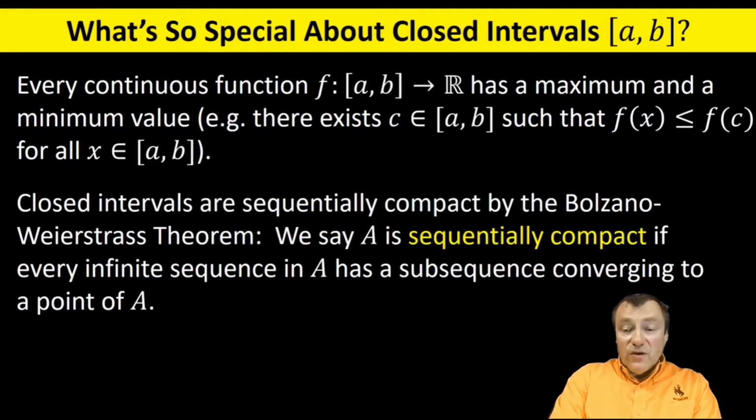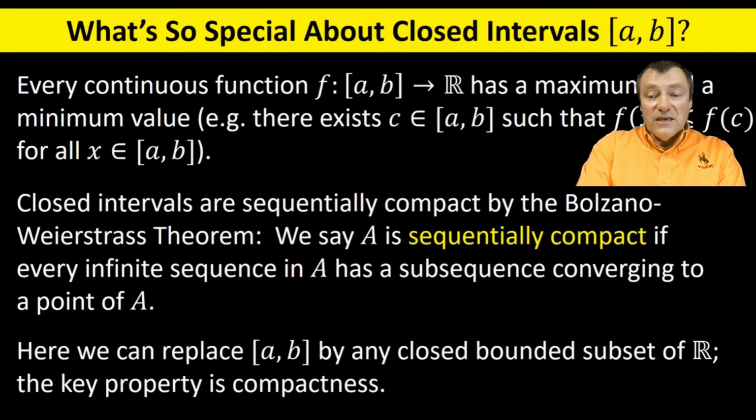For the Bolzano-Weierstrass theorem, we also required a closed interval [a,b], and the corresponding property of the interval there was known as sequential compactness. This is the property that every infinite sequence has a convergent subsequence. In this video, we will just talk about compactness, and in our next video, we'll discuss sequential compactness and its relationship with compactness.